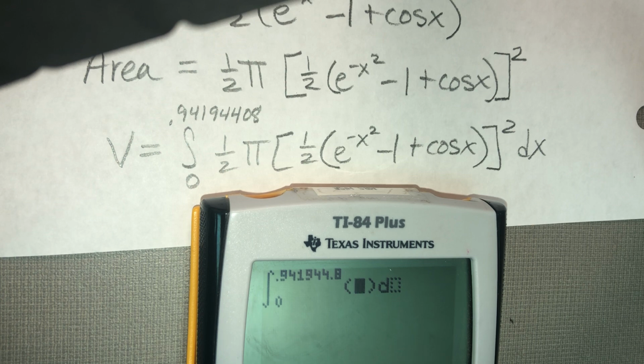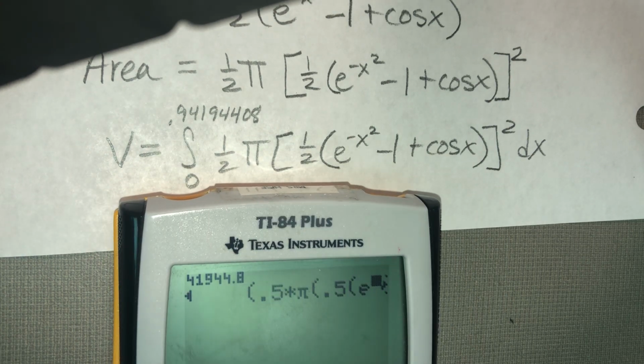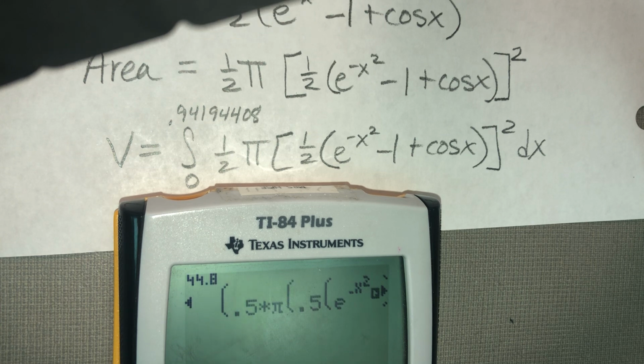And then my integrand is 0.5 times pi times, in parentheses, 0.5 times another parentheses, e to the power of negative x squared minus 1 plus cosine x.